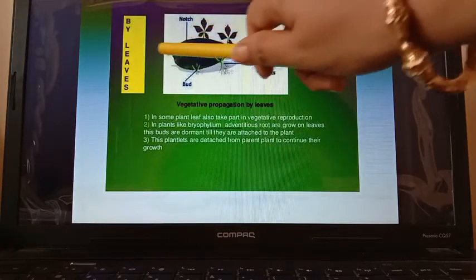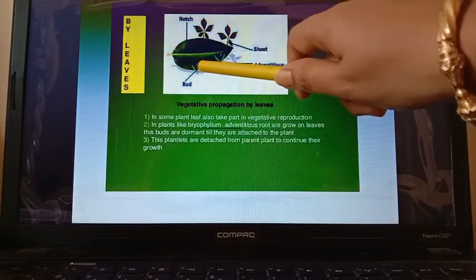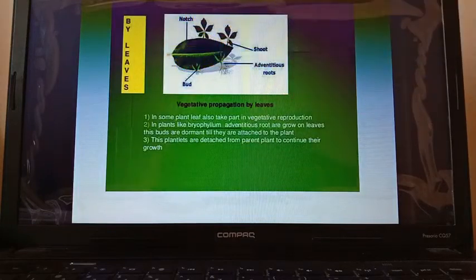You can see from the leaves only, new buds are forming, and these buds can form new roots and new shoots after that. So in some plants, the leaf also takes part in vegetative reproduction. As the reproduction is taking place from the vegetative part, it is known as vegetative reproduction or vegetative propagation. Example is bryophyllum.